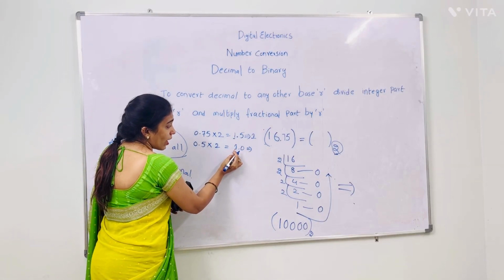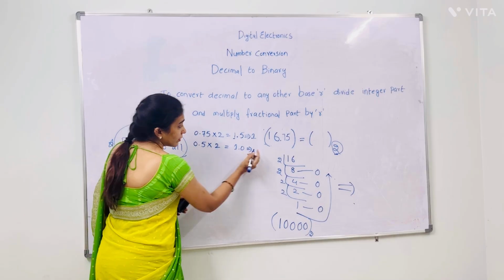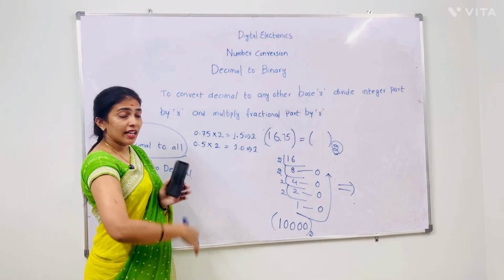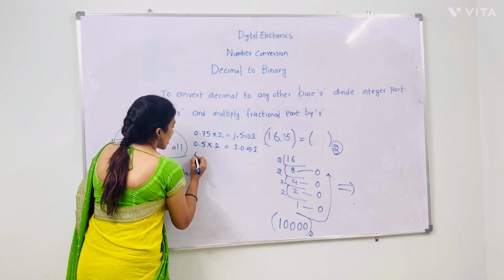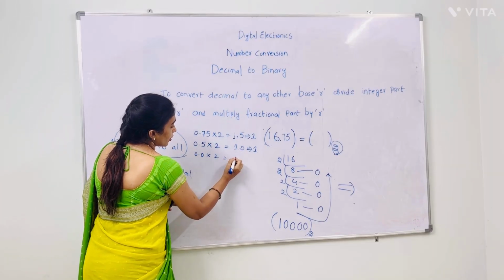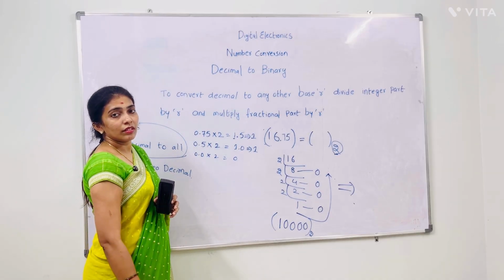Before the decimal point we got 1, so that 1 is the answer. In the next step, the remaining term is 0, so you get 0.